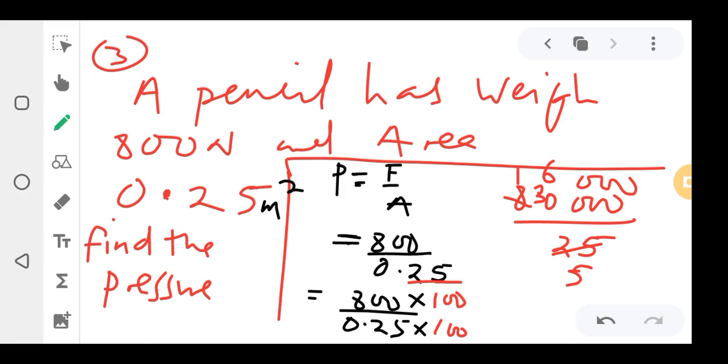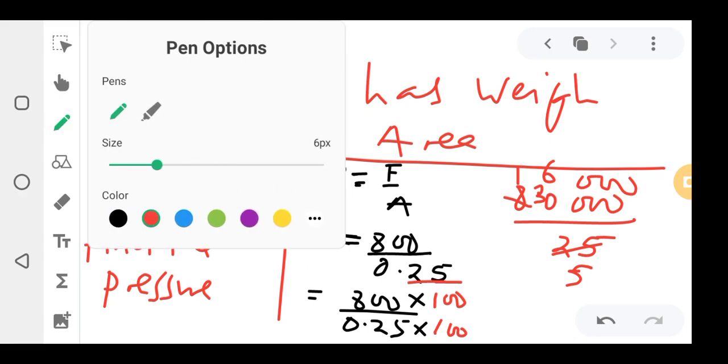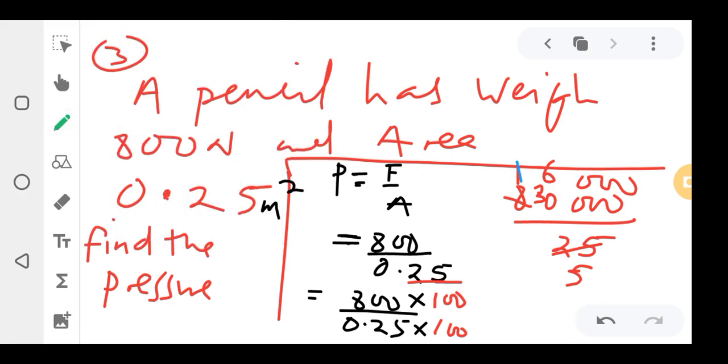So 16,000 divided by 5 again. So I've got 16,000 on top here. Okay, we're dividing it by 5. So 5 into 5, 1. 5 into 16, it goes 3. Remainder 1. 5 into 10, it is 2. And then those 2 zeros, these ones here, they will just come on top like this.